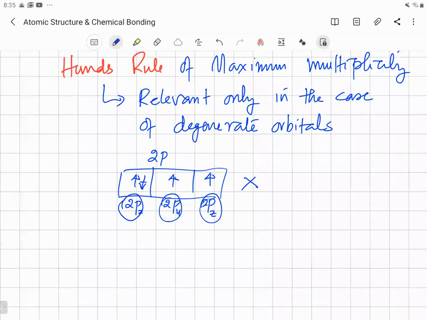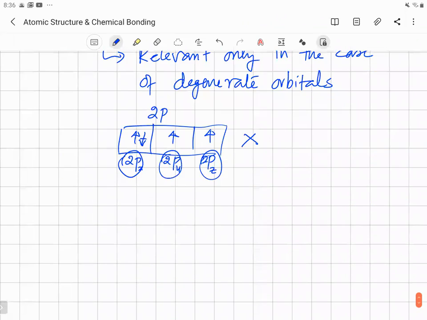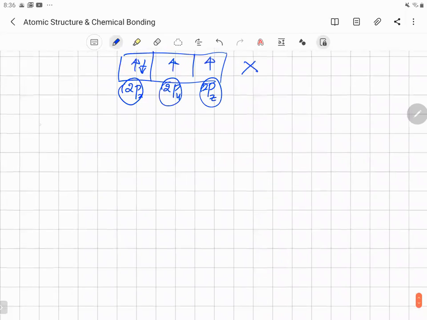And there is one more principle, right? What was that? Pauli's exclusion principle, Hund's rule, and there is the building up principle. What is that called? Aufbau principle. Yes, Aufbau principle.